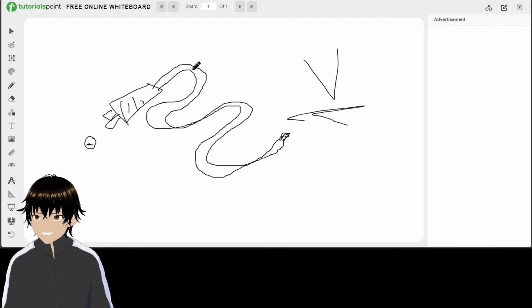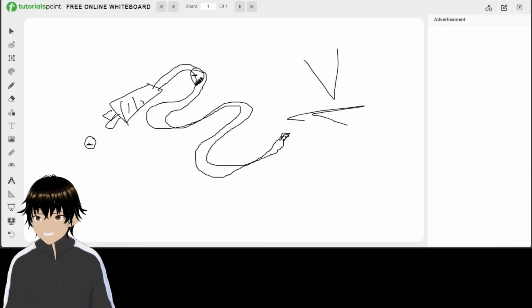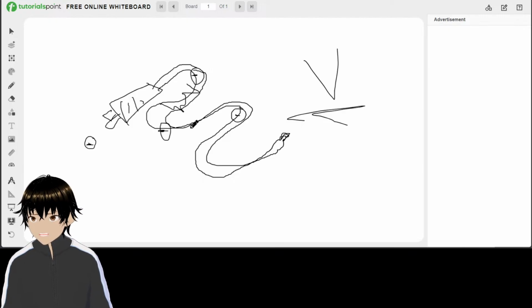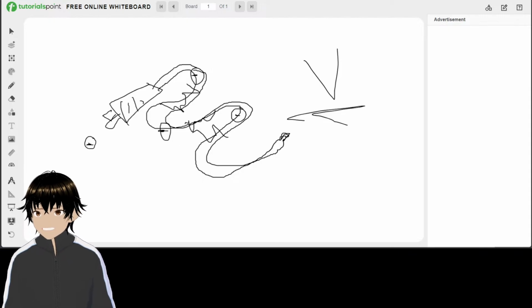So you can imagine this is the way the little squiggly lines are supposed to happen.